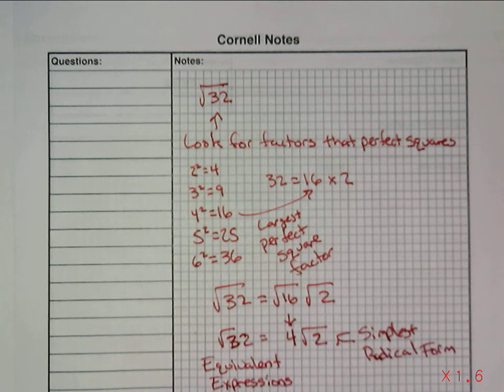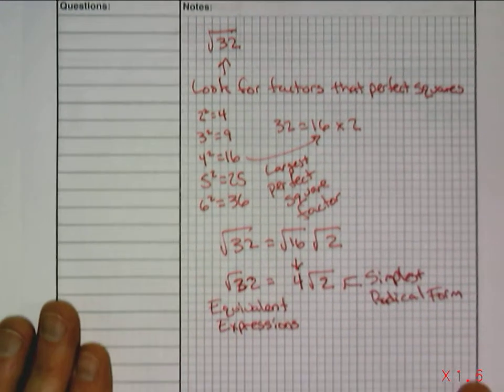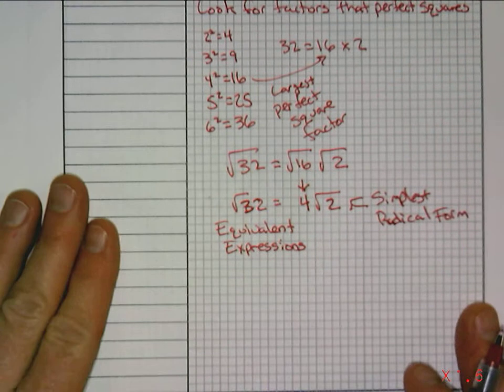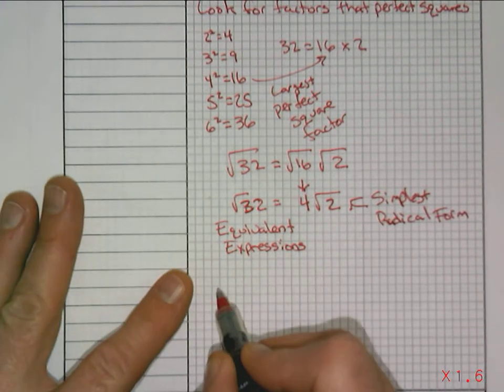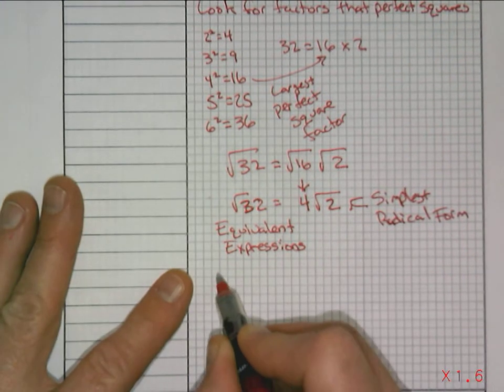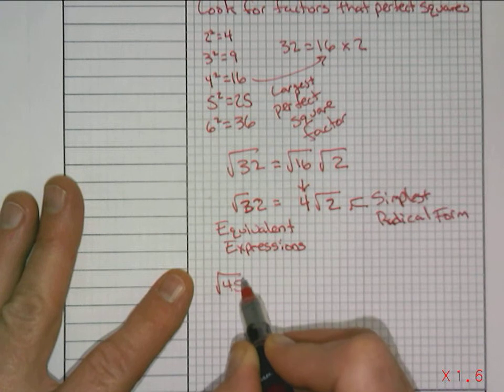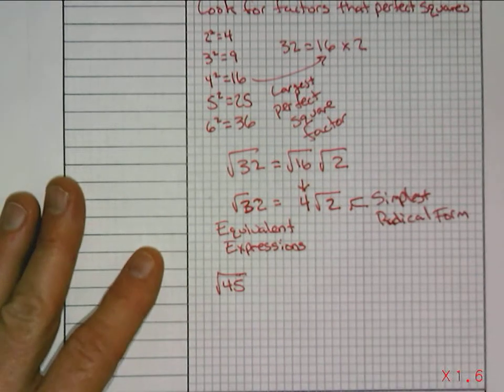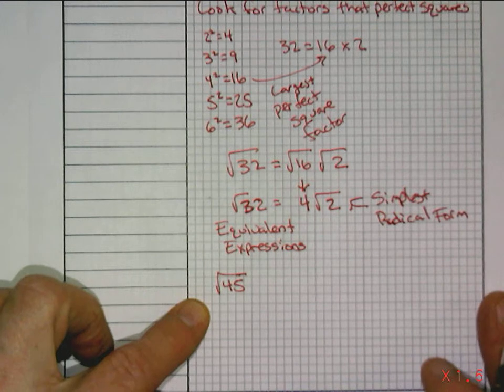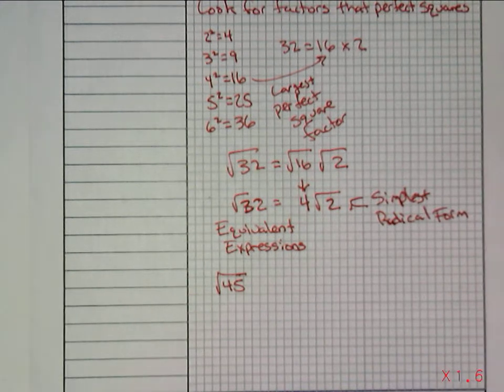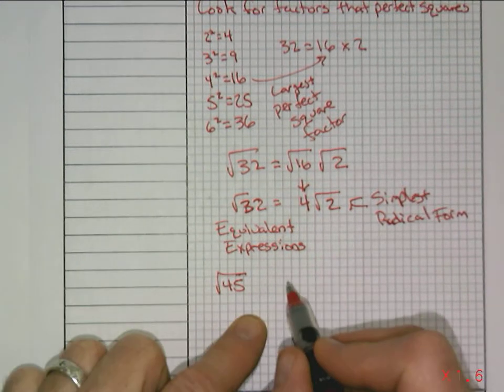And I could do this with any radical. If I had a radical, like, do one more here, get the idea. If I said the square root of 45, and I want that in simplest radical form. So I start thinking about my factors of 45. And I think of all the different ways I could factor 45.